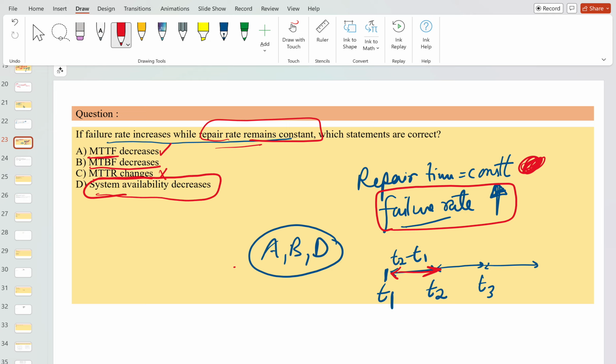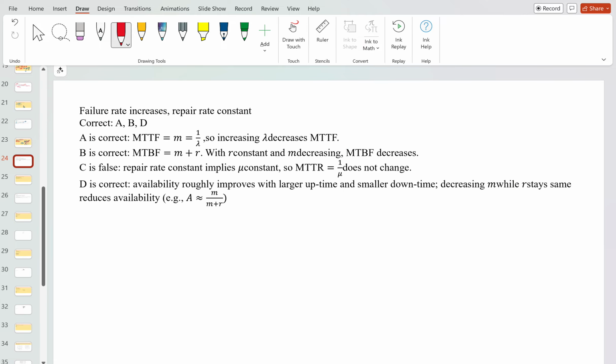That's true, because the faults are coming faster and the system operation is affected. So options A, B, D are correct. Option C is false because the repair rate being constant implies mu is constant.